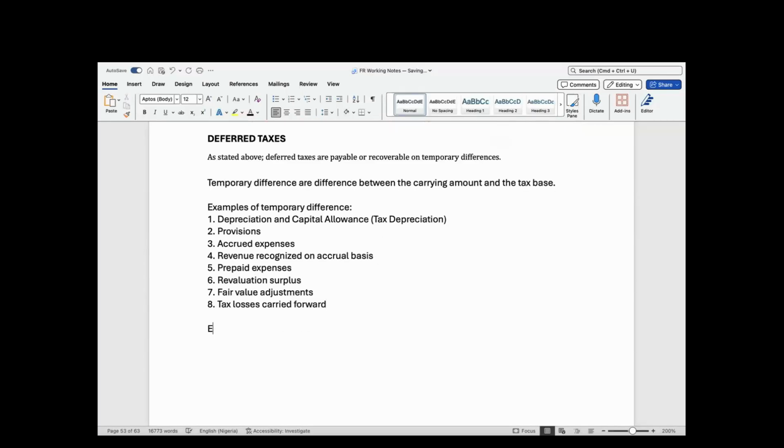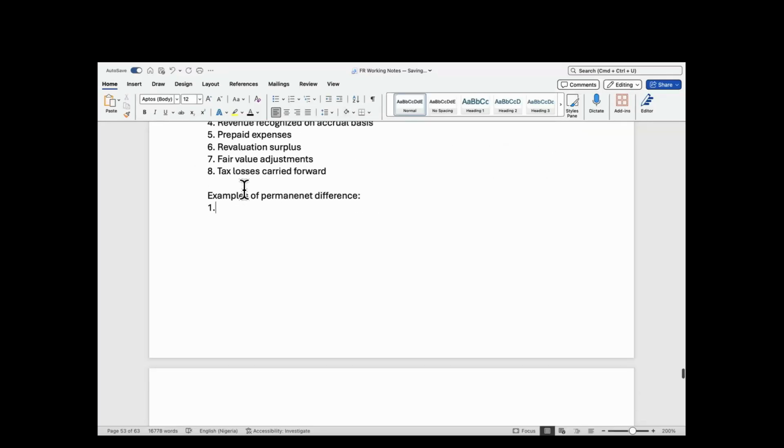Now, having mentioned that, you need to be able to distinguish it from examples of permanent difference, because these are the ones that we will recognize deferred tax on, this temporary difference. But this permanent difference, those ones have no tax implication.